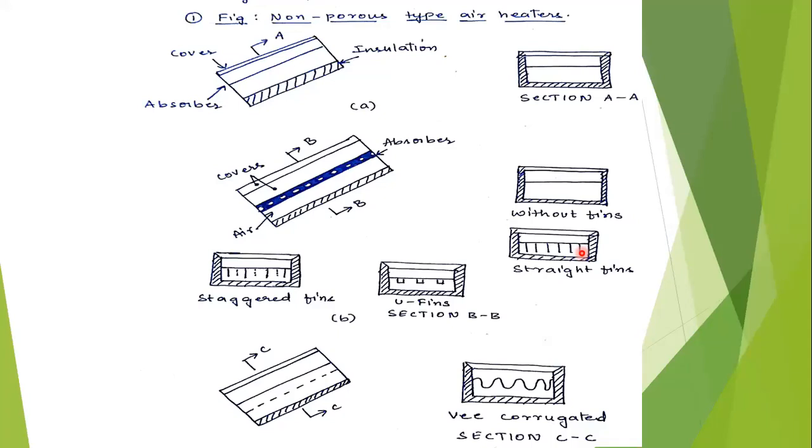If you add fins, they increase the heat transfer surface, and turbulence is also increased, which enhances the convective heat transfer. It makes heat transfer very easy if you add fins.